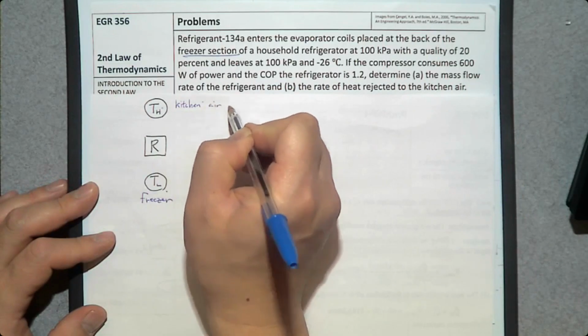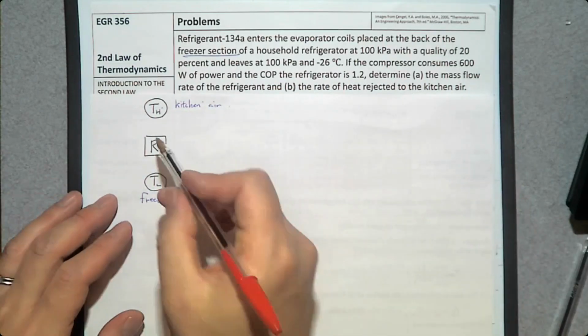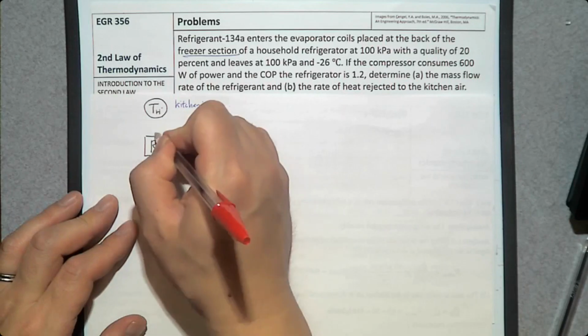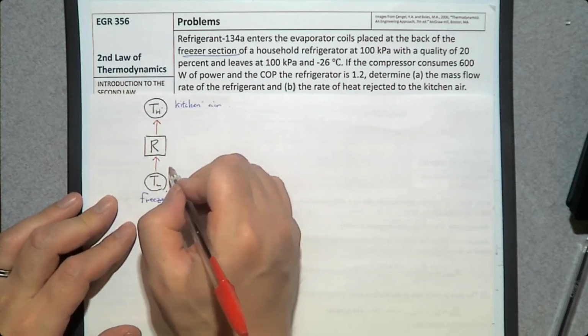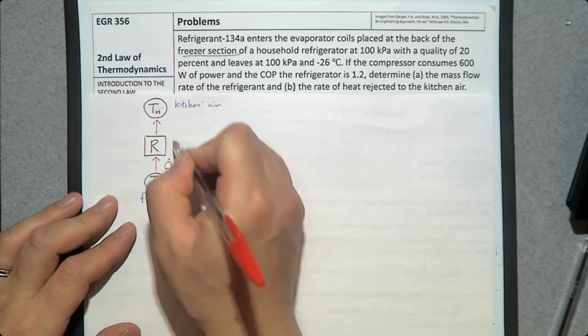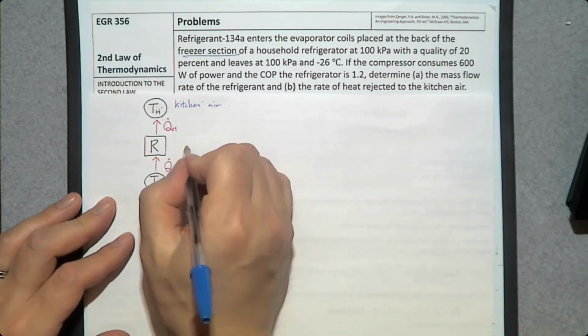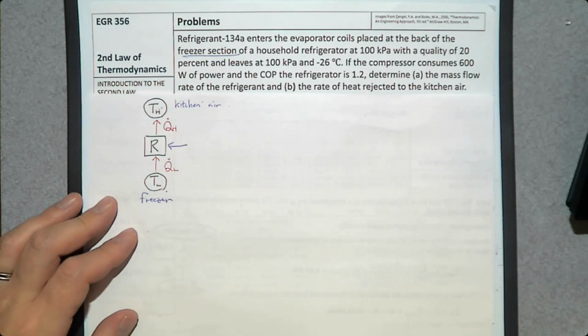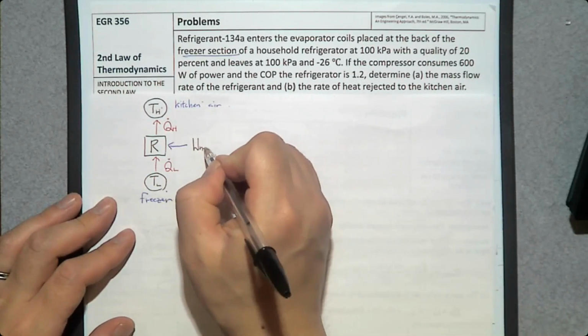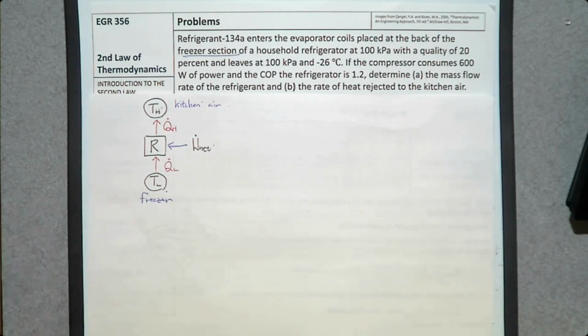Kitchen air. And heat transfer direction is from low temperature to high temperature in the rate of Q dot L and Q dot H. To make this happen, we need to provide work, W dot net. So this is a refrigerator.